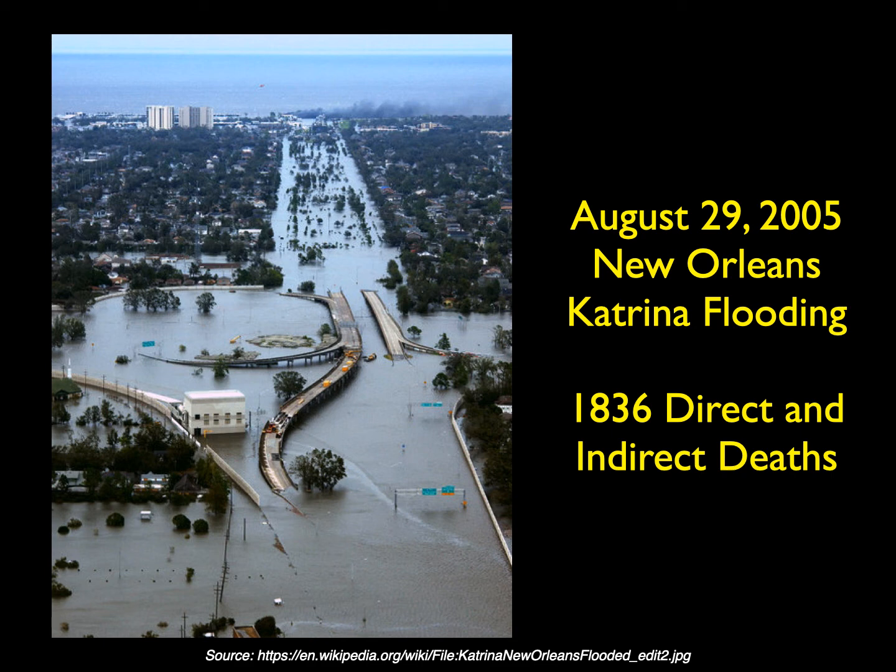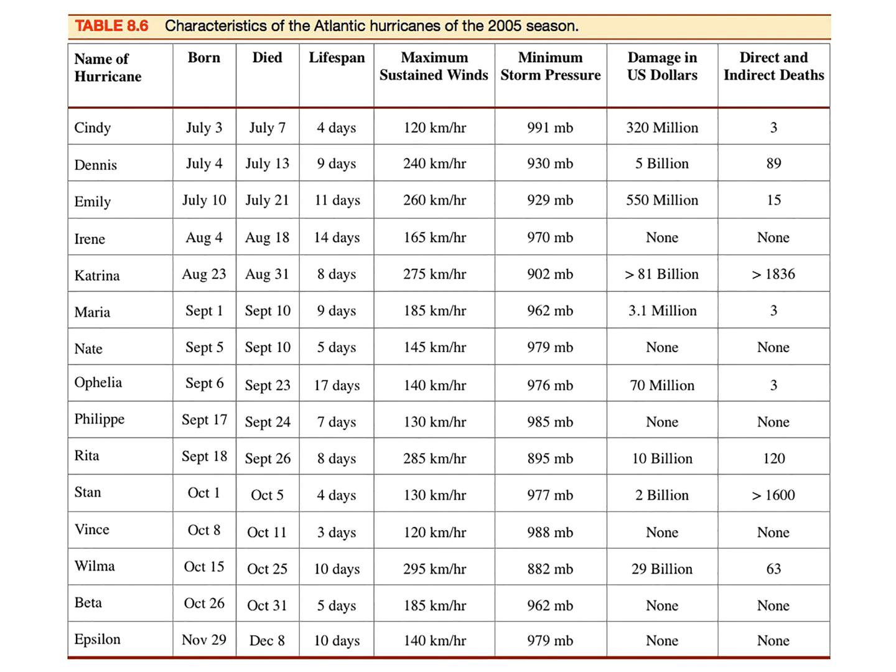That particular season, 2005, had many hurricanes. In fact, they ran out of names. They usually named them from A to Z. They had to go and create new names after the storm with the name Z occurred. So Beta and Epsilon here. And you can see some of the major storms, how low their pressure got, and the amount of damage in US dollars.